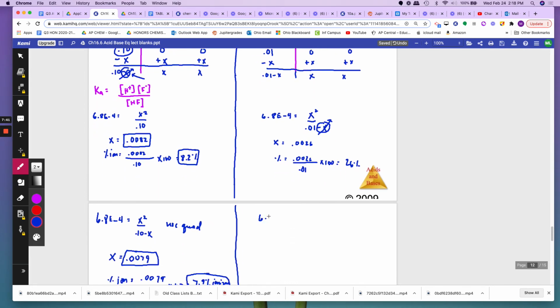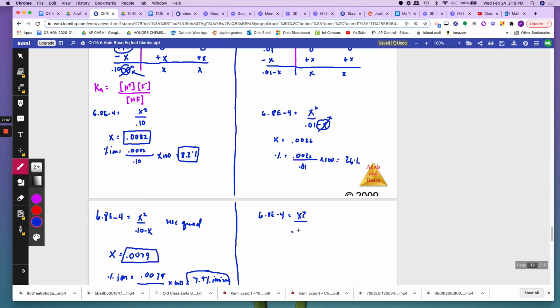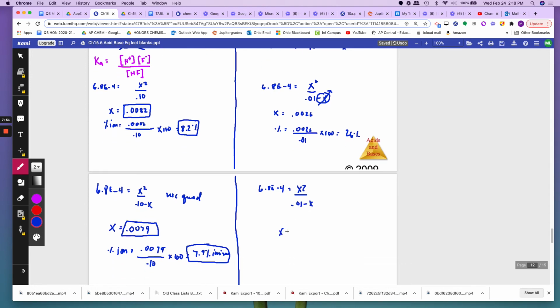So doing it again, 6.8 e negative 4 is equal to x squared over 0.01 minus x. Using the quadratic, I got x is equal to 0.0023 molar.